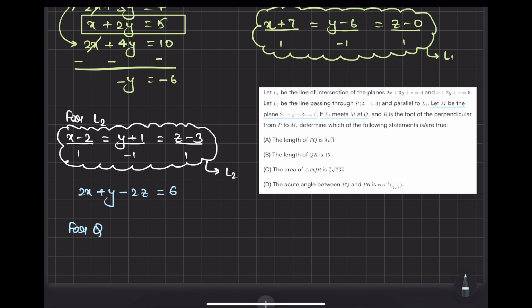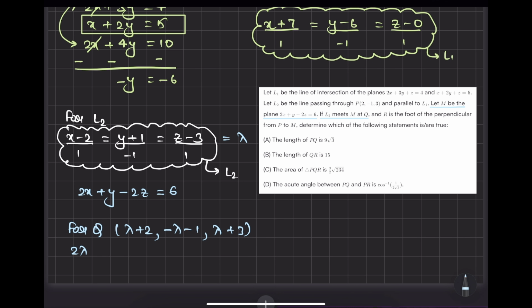So how will we solve line and plane? We will assume a point on the line, correct? So just assume. So it is lambda plus 2, minus lambda minus 1, lambda plus 3. So this point will satisfy the plane because it meets. It meets means at this point both will be equal. So let's satisfy. In place of x put lambda plus 2.